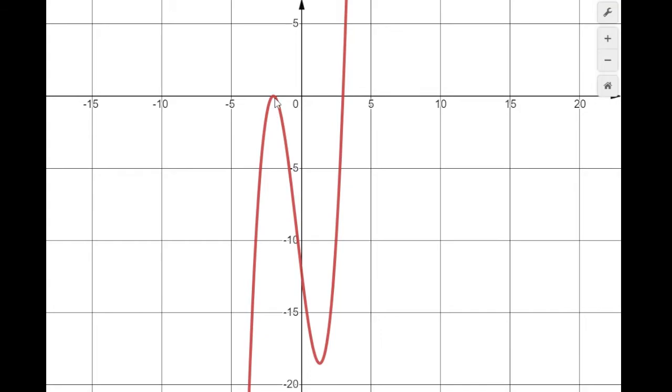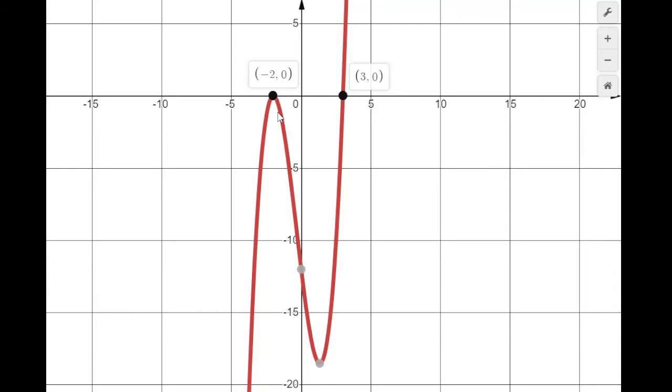So x equals -2 is right here, and x equals 3 is right here. Those are our zeros. Just like that, we have one interval anywhere between -infinity and -2. That's where the graph was completely below the x-axis.